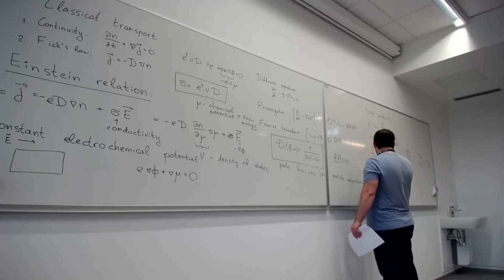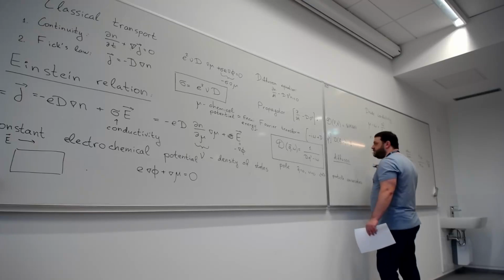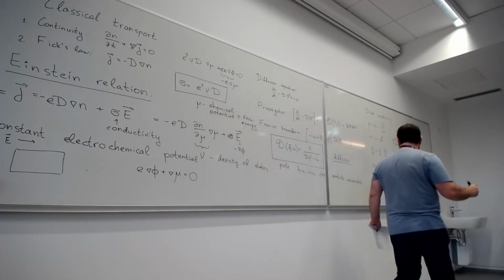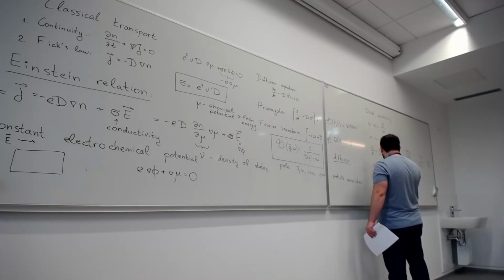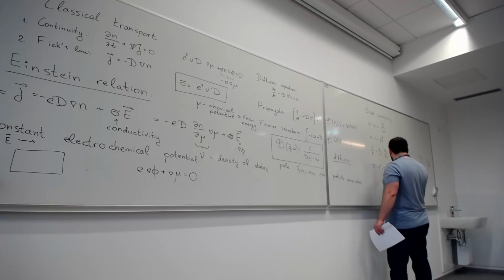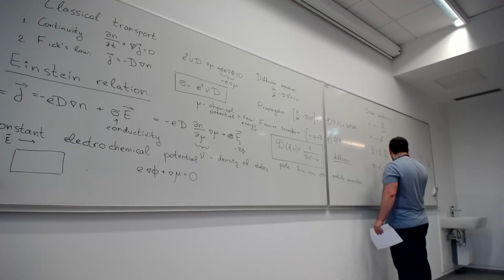So I know what nu over n is, and now I can write the conductivity. Conductivity is e squared nu D, which equals e squared times the diffusion constant, v Fermi squared tau over d, times nu.